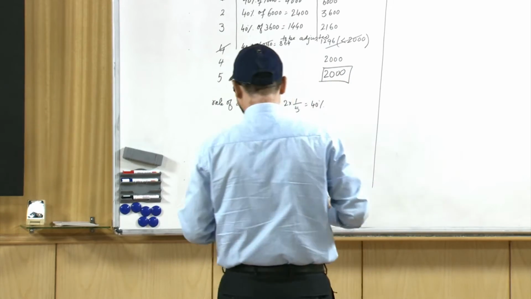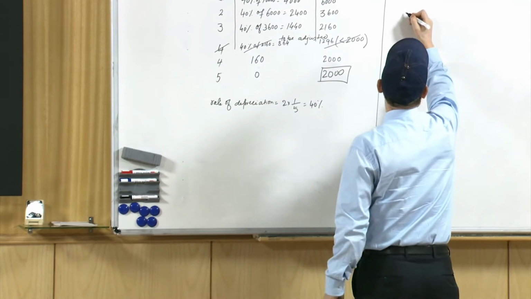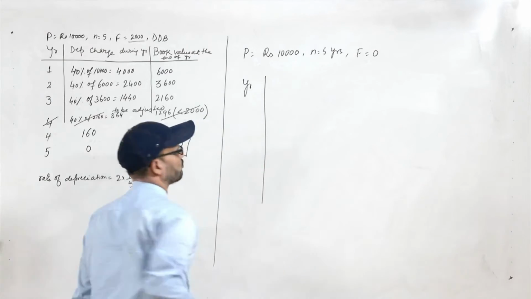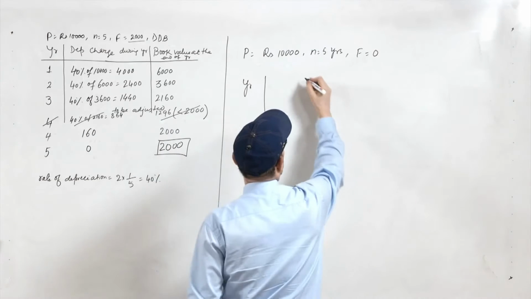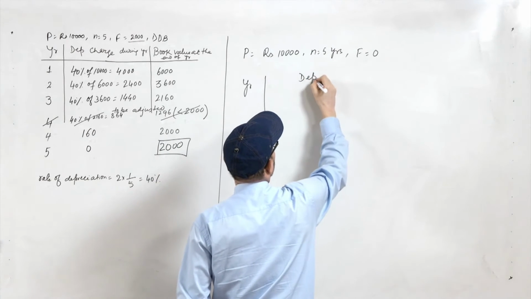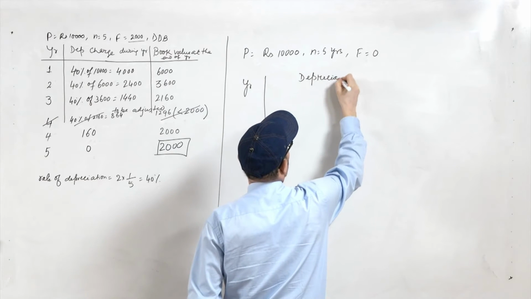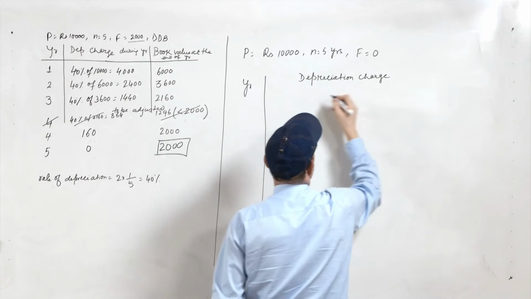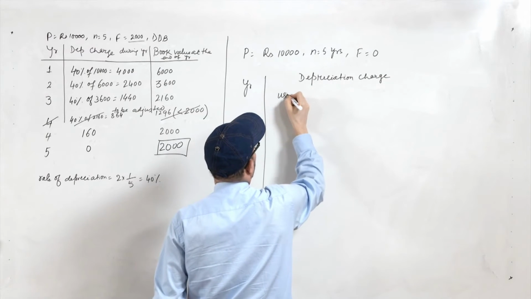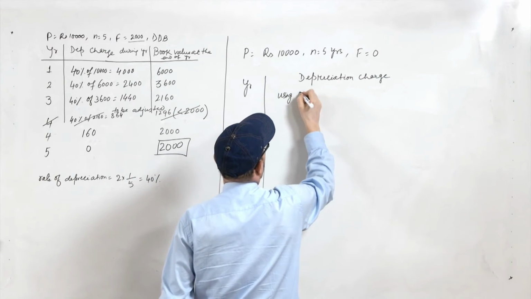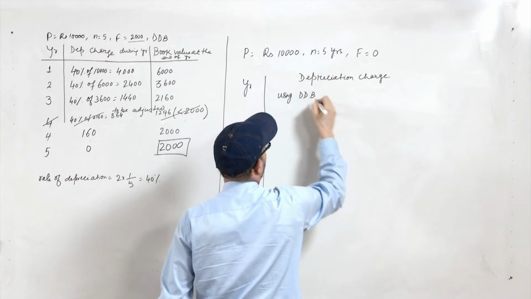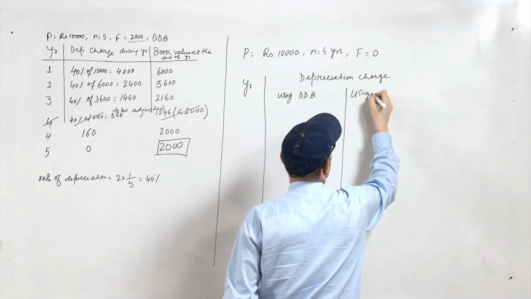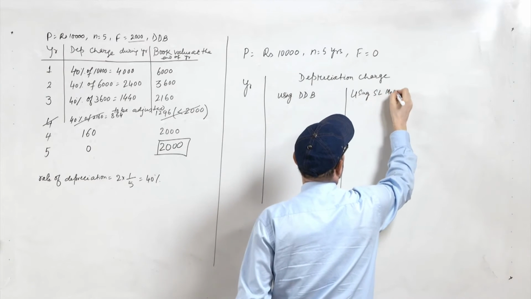How to switch? So, let us see, you have the year, and you calculate the depreciation charge using double declining balance method and using straight line method.